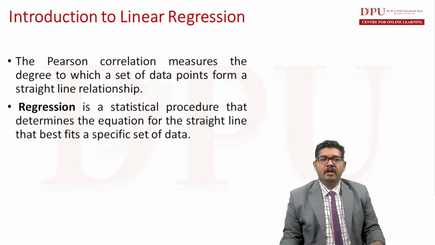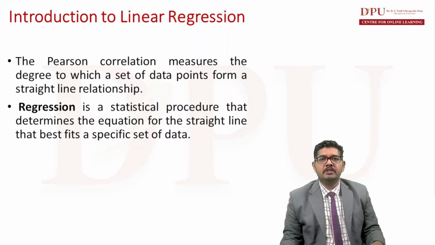From Karl Pearson's correlation coefficient, we understand the degree of relationship between two variables, whether they move in the same direction or the opposite direction, whether there is a strong or weak correlation, and whether it is negative or positive. All these things are known from Karl Pearson's correlation coefficient.